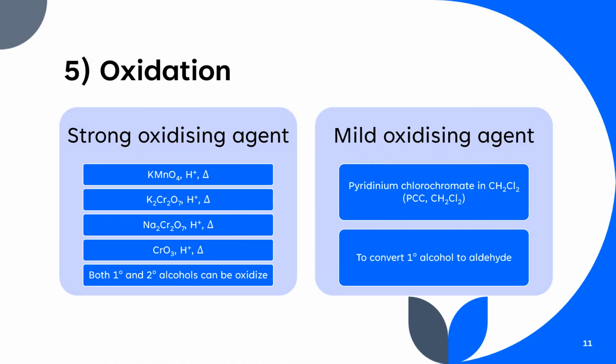In oxidations of alcohol, kita akan gunakan these two types of oxidizing agent, iaitu strong oxidizing agent dan juga mild oxidizing agent. So these are the examples of strong oxidizing agent. This is acidified potassium permanganate reflux, acidified potassium dichromate reflux, acidified sodium dichromate reflux dan juga chromic acid reflux.